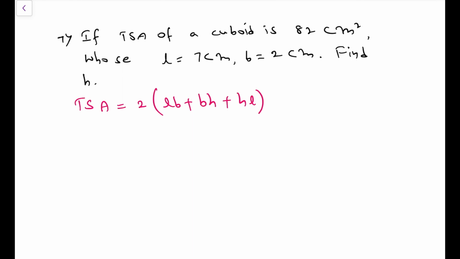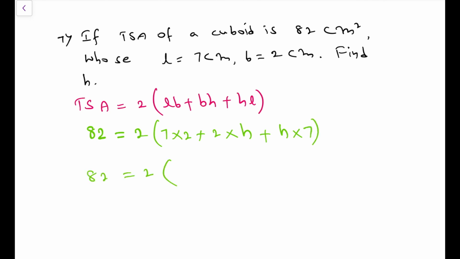Under TSA, write the given number 82 equals 2 times (length 7 into breadth 2 plus breadth 2 into height, don't know, so h as it is, plus h unknown, so as it is, into length 7). So 82 equals 2 times (7 2s are 14 plus 2 into h, 2h, plus h into 7, h7 or 7h).